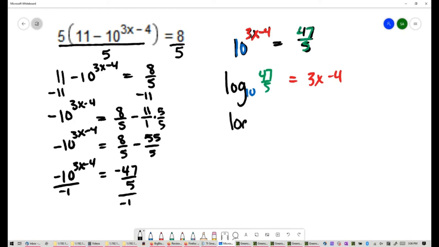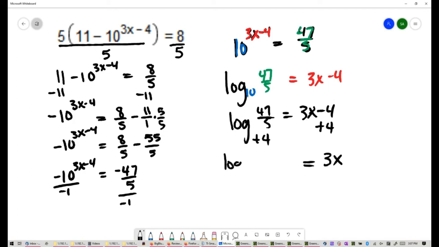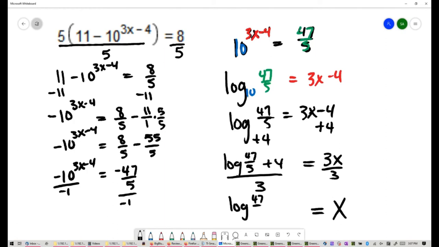So we have log of 47 over 5 equals 3x minus 4. And I'm going to solve for x by adding 4 to both sides. 3x equals log of 47 over 5 plus 4. Divide by 3. And we have our solution of x equals log of 47 over 5 plus 4, over 3.